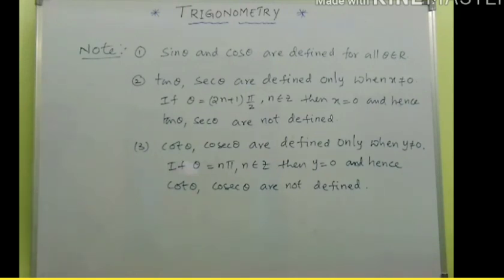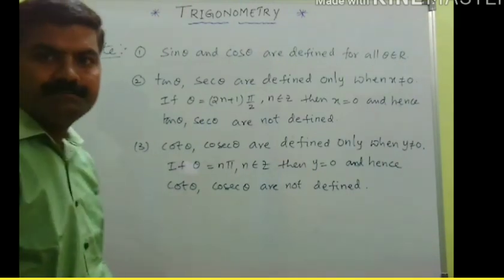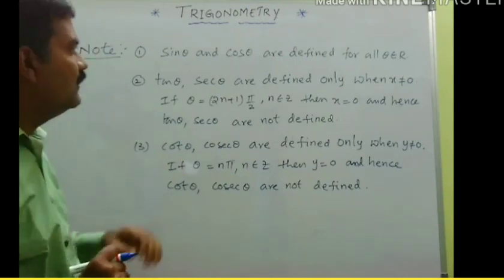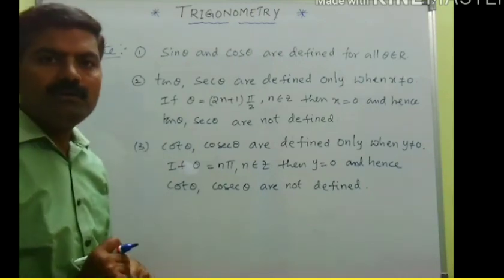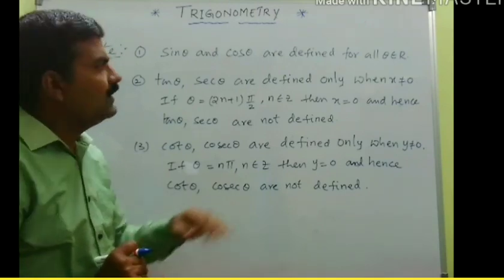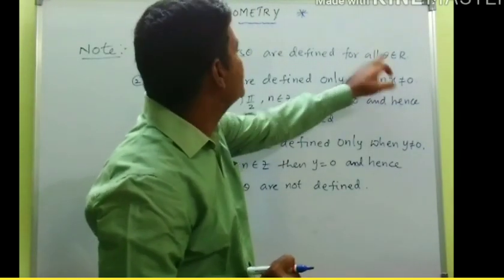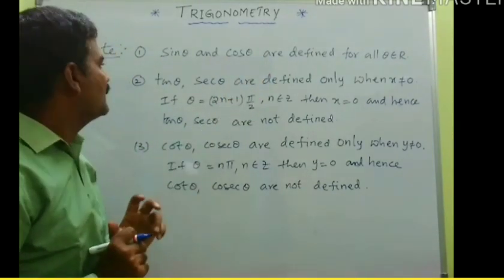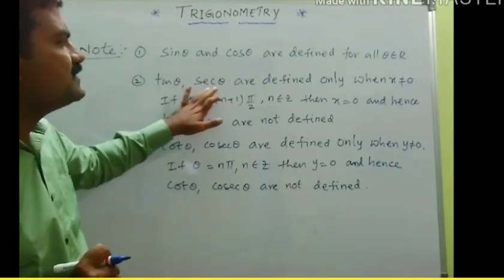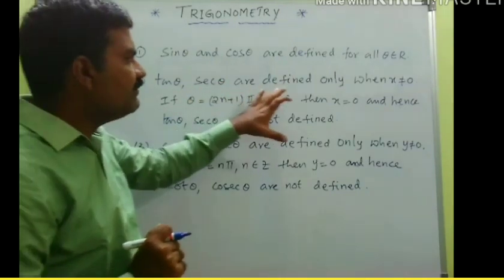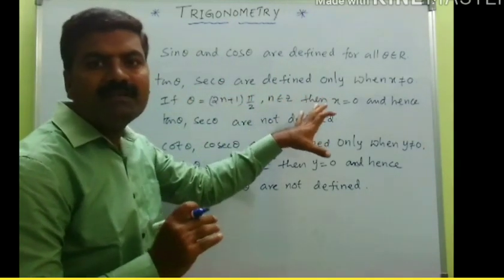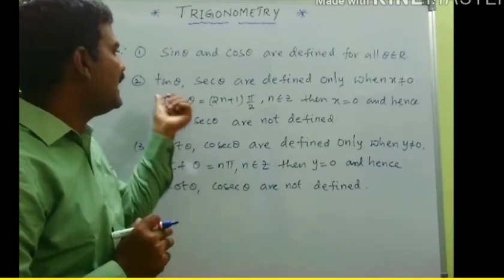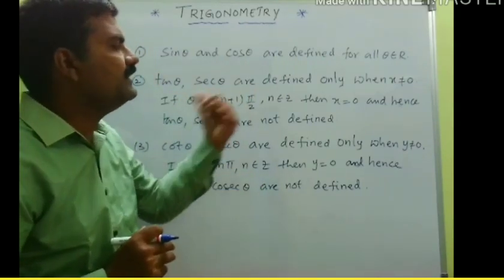So note these points. Point number 1, sin theta and cos theta are defined for all theta belongs to R. For any value of theta, sin theta and cos theta are defined. But coming to tan theta and secant theta, these are defined only when x is not equal to 0. When x is equal to 0, then tan and secant are not defined.